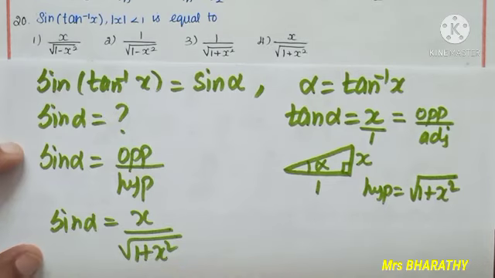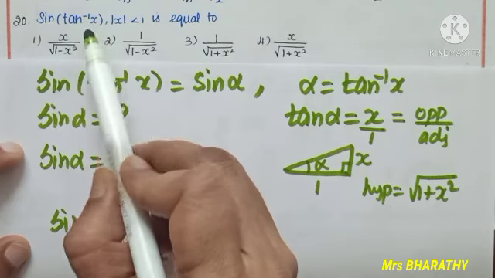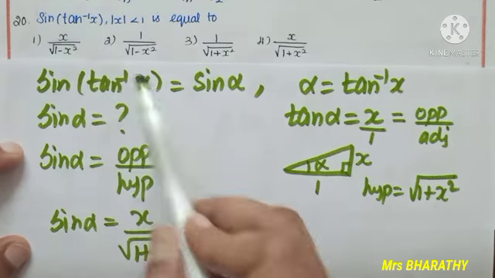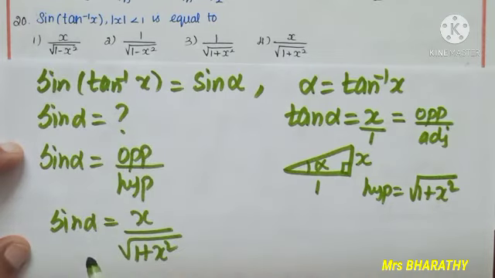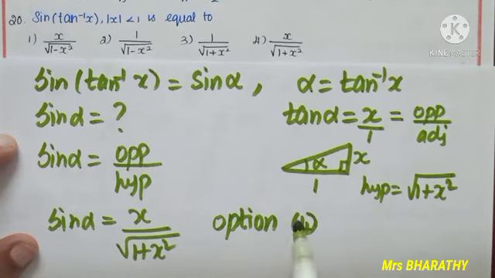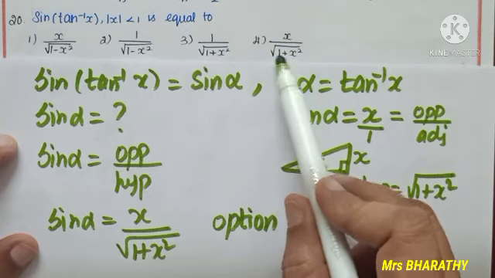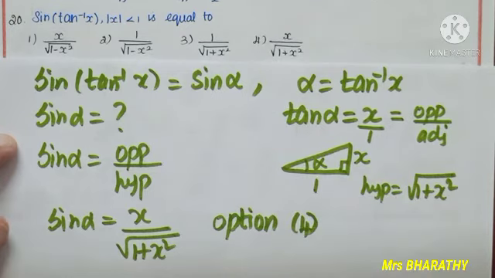So my question is sine of tan inverse x. Tan inverse x I have taken as alpha. So what is sine alpha? We have arrived at x by root of 1 plus x square. So option 4 is correct, where we have x by root of 1 plus x square.